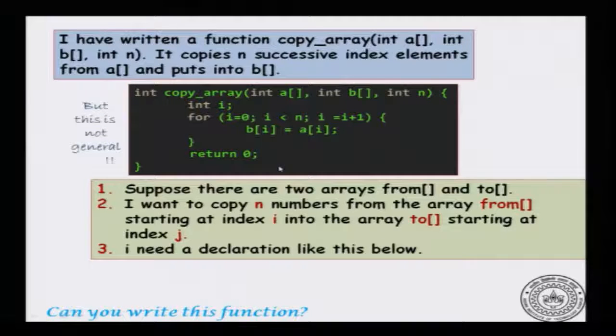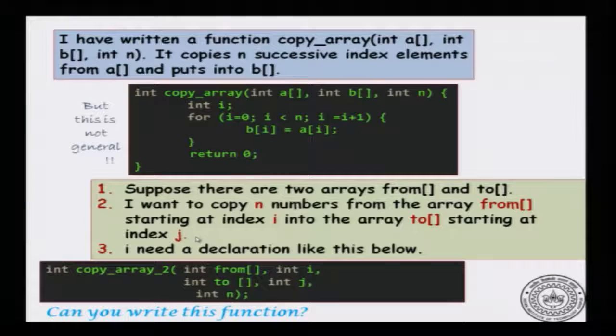The earlier code solved the problem from index 0. In general, I want to copy from index i of from n elements into the location starting at index j in to. So, the earlier function assumed that i and j were both 0. In the general function, I want arbitrary i and arbitrary j.